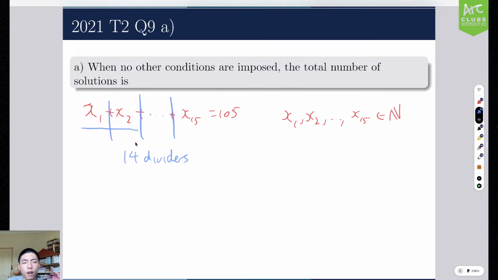So that means the number of dividers is always 1 less than the number of terms. So there are 14 dividers, and essentially we are splitting the 105 stars using the 14 dividers. So overall, this is going to be 105 plus 14, choose the 14 locations of the dividers. So this is going to give us 119 choose 14 using the stars and bars principle.